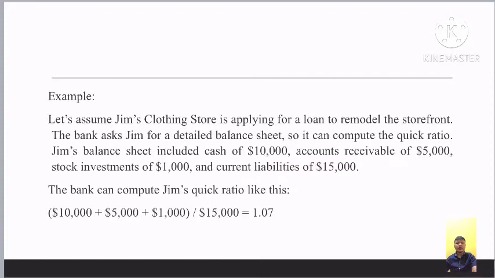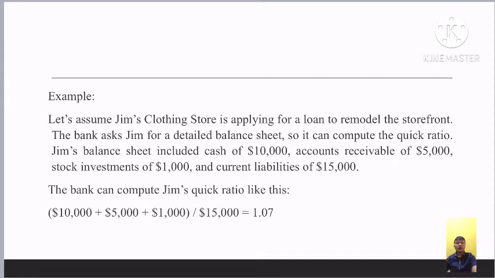This is the example. Let's assume Jim's clothing store is applying for a loan to remodel the storefront. The bank asks Jim for a detailed balance sheet, so it can compute the quick ratio. Jim's balance sheet included cash of $10,000, accounts receivable $5,000, stock investment $1,000, and current liabilities of $15,000.